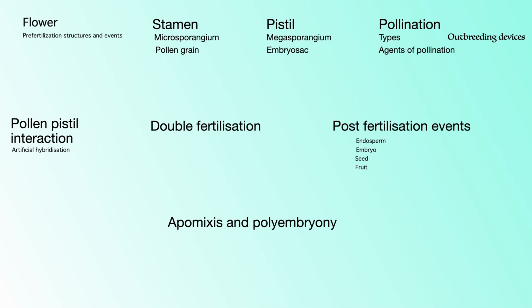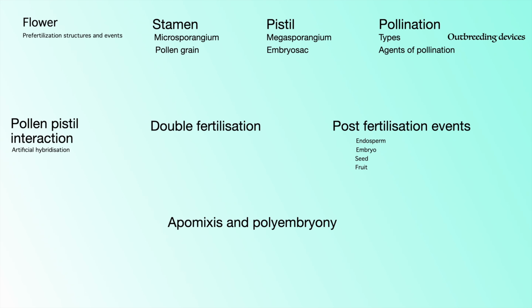We know that seeds are produced by fertilization. They are said to be products of fertilization. But a few flowering plants like Asteraceae and grasses produce seeds without fertilization. It is called apomixis.